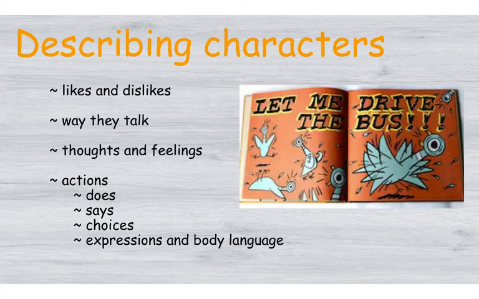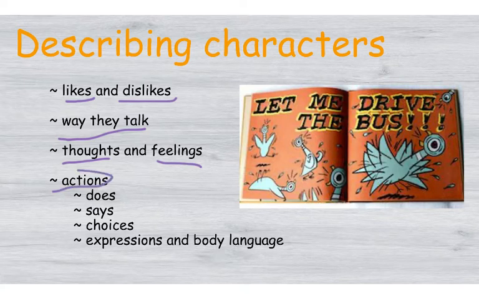So when we describe characters, we can think about what they like to do. What they like, what they dislike. Maybe the way they talk. In our story that we'll be reading, language is very important between the two characters. How they think and how they feel.